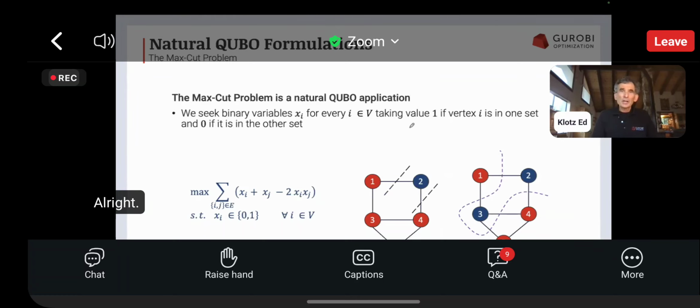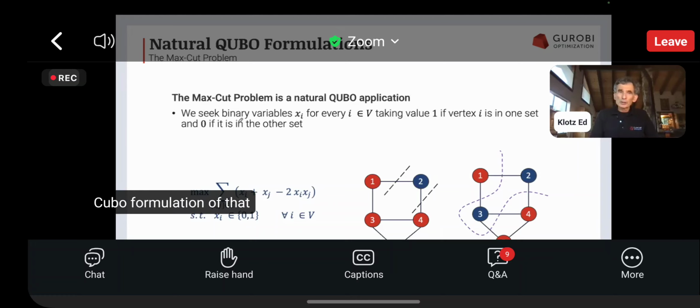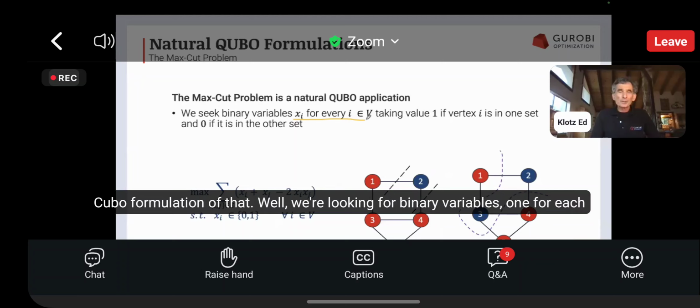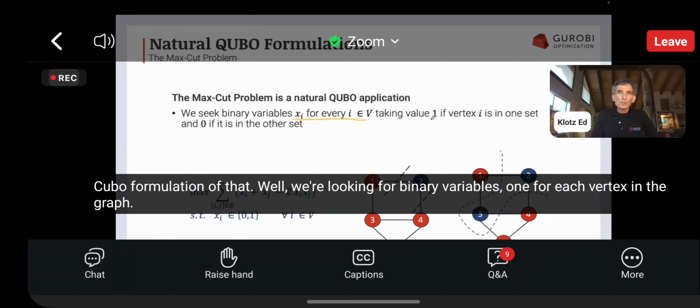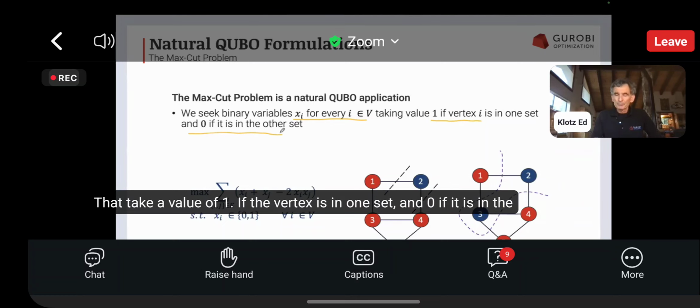All right, so how are we going to come up with a QUBO formulation of that? Well, we're looking for binary variables, one for each vertex in the graph, that take a value of 1 if the vertex is in one set and 0 if it is in the other set.